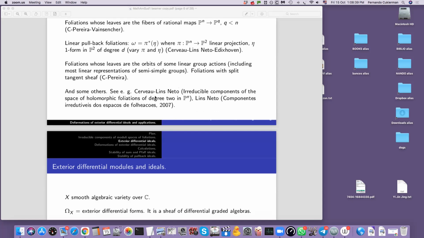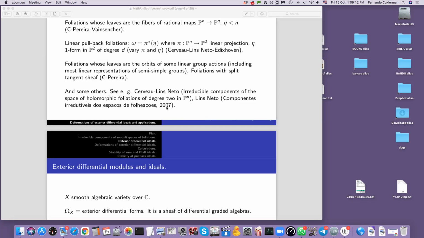There is a famous paper by Cerveau and Lins Neto where they showed that in the case of foliations of degree 2, the number of components is 6. In this case of low degree, they are able to determine all the irreducible components, and there are 6 components, and they are described. There is a survey by Lins Neto.